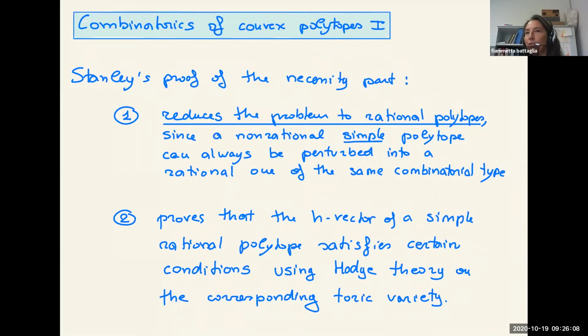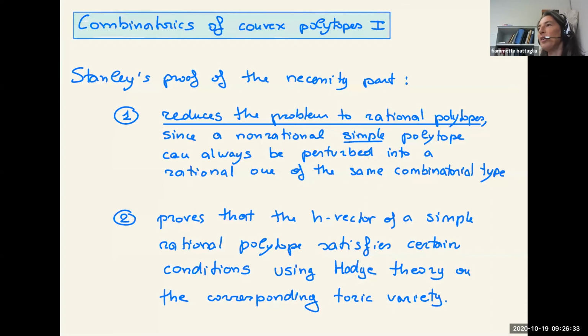The first thing that one has to do is to reduce the problem to rational polytopes. Why are we able to do this? Because if we consider a non-rational simple polytope, we know that this can always be perturbed into a rational one of the same combinatorial type.